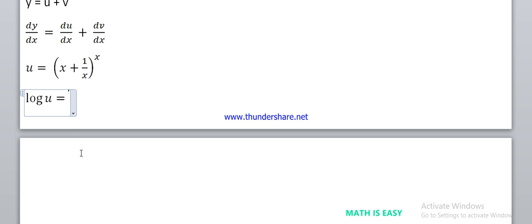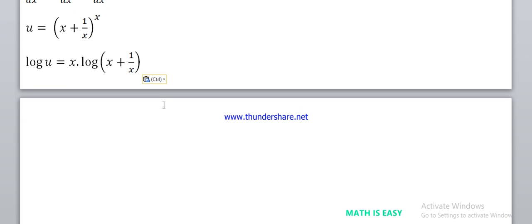So in the simplest form, I can write it as x into log of this term. This is the term which I am going to get after applying the log on both the sides.